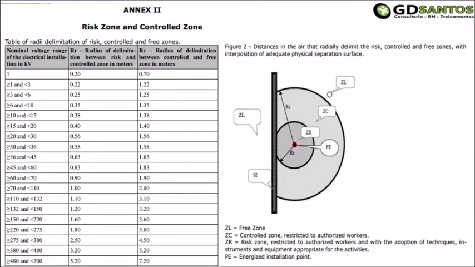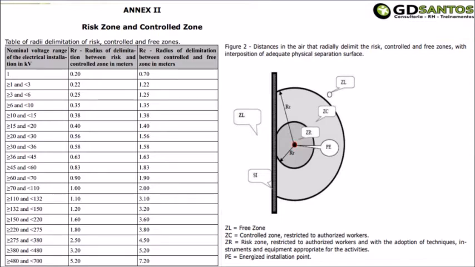Well, NR10 also establishes in Annex 2 a working zone, and in this working zone we have the risk zone and the control zone, as we can see in this image. Let's analyze it. The working zone establishes the important areas for working, such as the free zone, in Portuguese, zona livre.